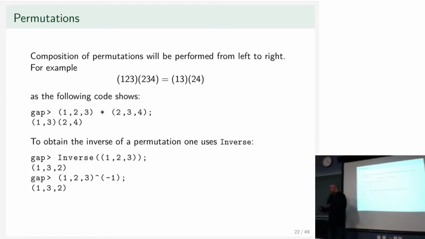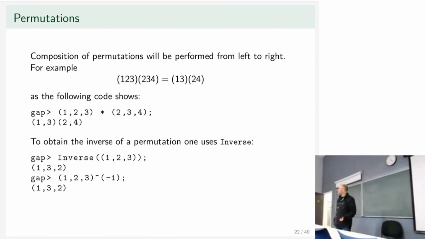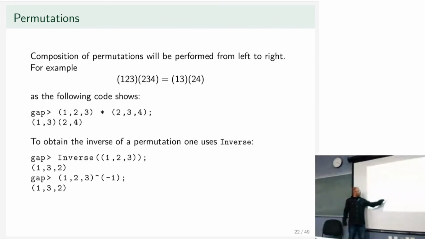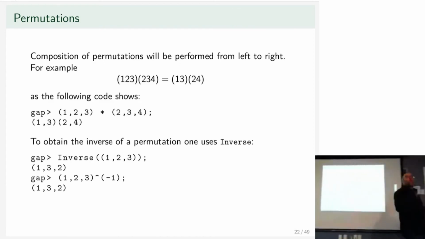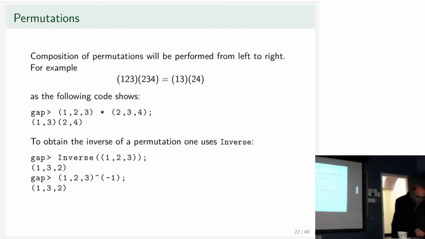And if you apply the function inverse to an invertible matrix, you will get the inverse of this matrix, right? Which is, of course, the same as doing this, as you might expect. So several things which are somehow natural will work. Not all of them, but some things will work. Okay? Very good.